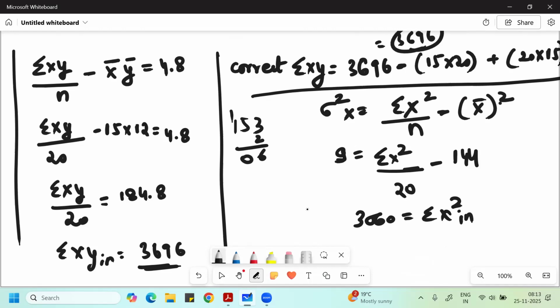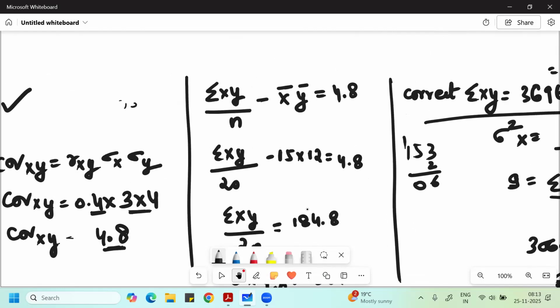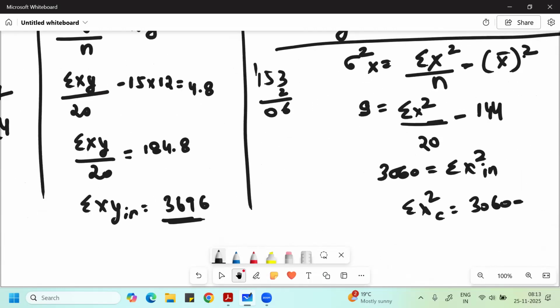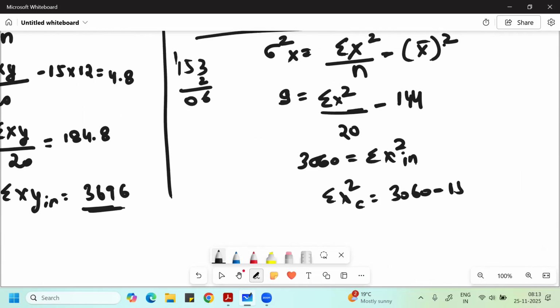So you have to correct it. How will you get the correct sum of x square? That is 3060 minus the value 15 square, and add 20 square. So you will get the correct sum of x square, 3060 minus 225 plus 400.